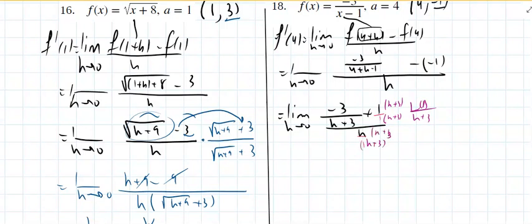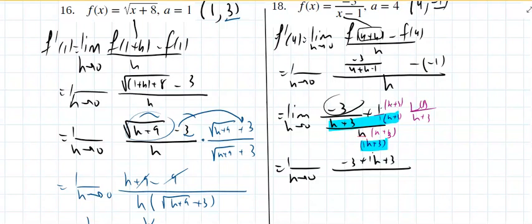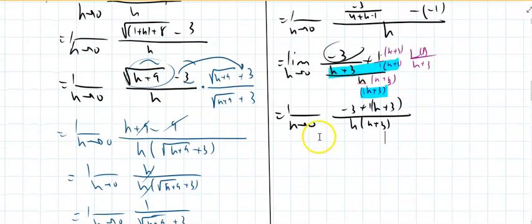Now that they all have the same denominator, I could ignore it completely, and that would be the limit as h approaches 0. The top will be -3 plus 1 times h plus 3, and the denominator will be simply h into h plus 3. And if I clean that up, pretty much that's it.